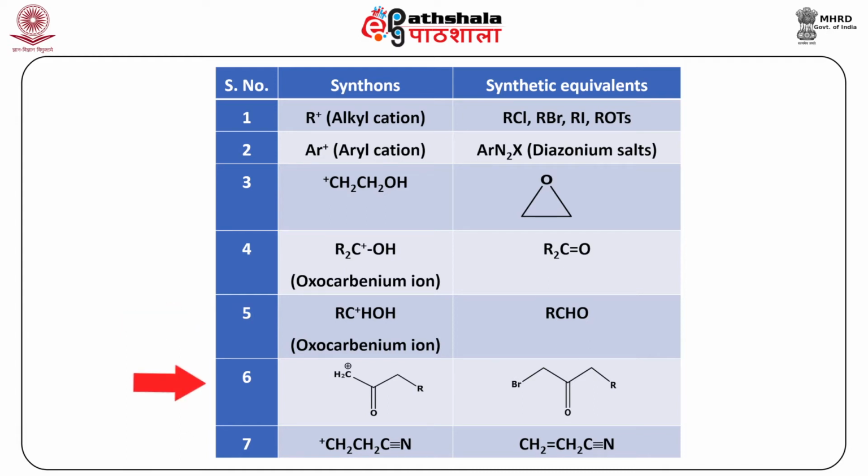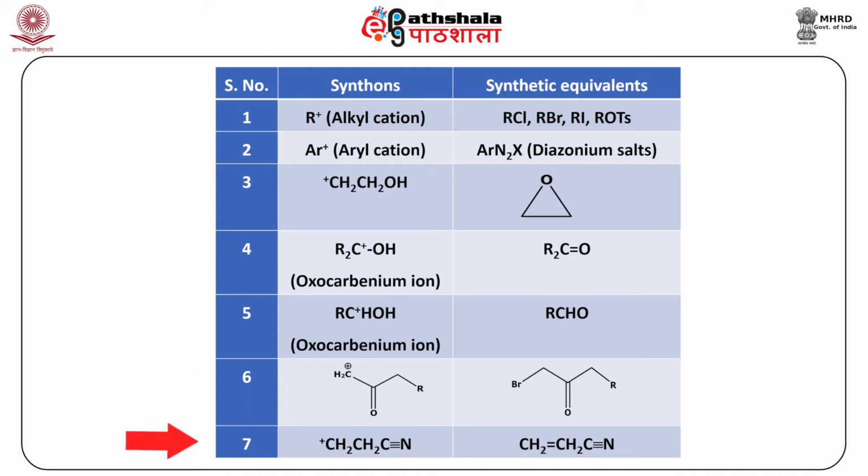Taking another example, if you want to generate this particular synthon, then at this particular position you have a positive charge. So, you can attach a Br here, and being at the alpha position, this can be taken and given this particular transformation.